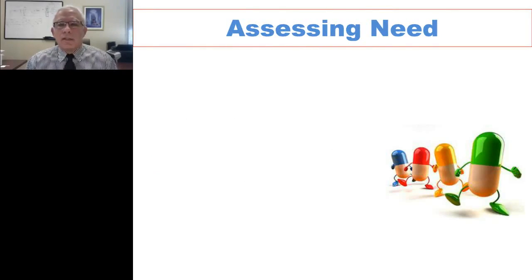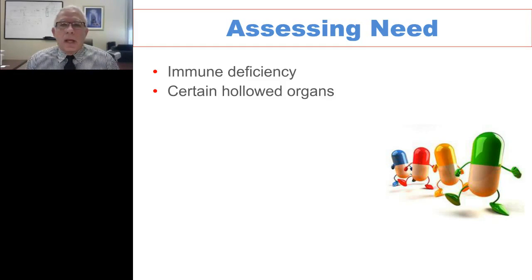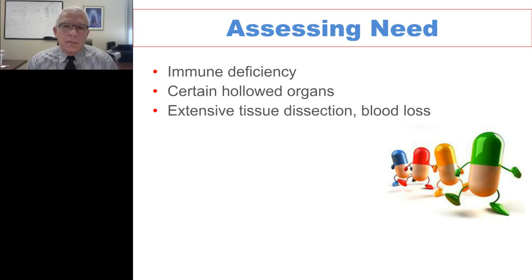So let's assess when antibiotics may be needed. One, do you have an immune deficient animal? That might be a reason to use antibiotics. If you're going to be entering hollow organs, let's say the genitourinary tract, the gastrointestinal tract, the thoracic cavity, in some cases you may need antibiotics and it can serve as justification.